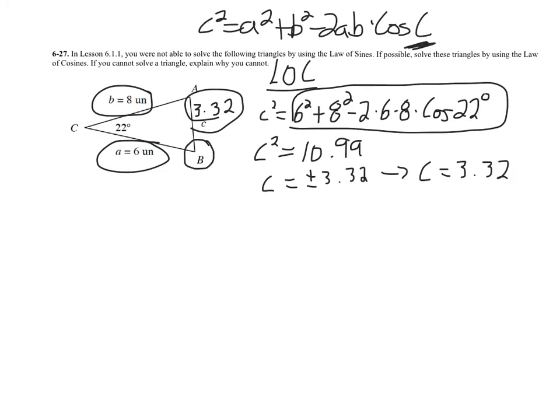So I'm going to put B in here. All that matters is if I put B in here, I have to put little b over here. So little b is 8.